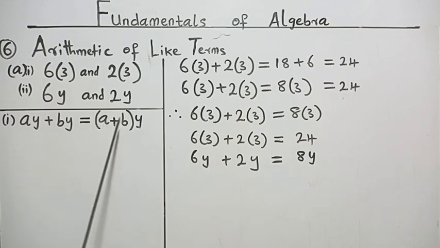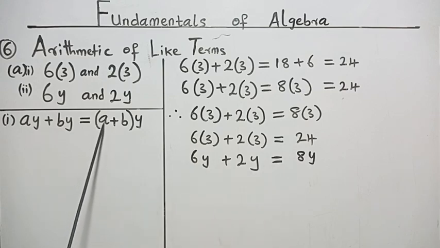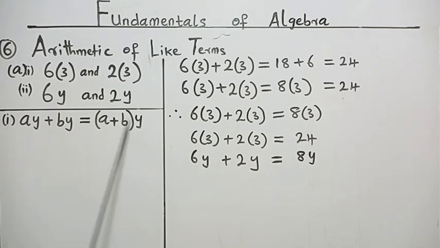But A plus B is written because the constants can change. Somebody can come here and write 9y plus 11y. That way, the answer will not be 8 here. Instead, we are going to have a new set of numbers, A and B, which when added will become the coefficient of y. So this is the law of addition of like terms. I hope what happened here is clear to you.